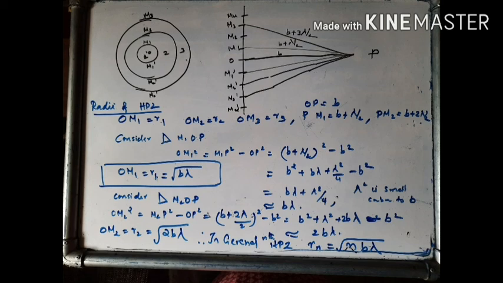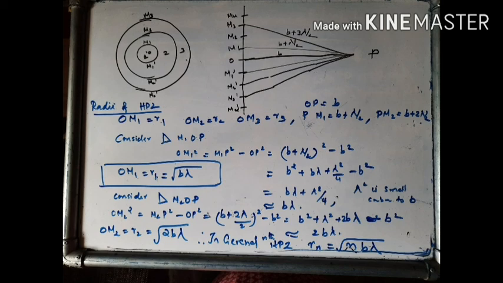Here also b squared and minus b squared cancel each other, and lambda squared is very small compared with 2 b lambda. Therefore, OM2 squared can be approximately taken as 2 b lambda. So OM2, which is represented as R2, can be taken as root of 2 b lambda.